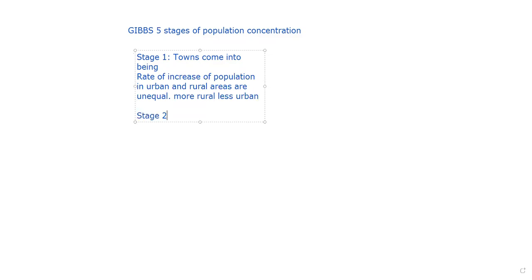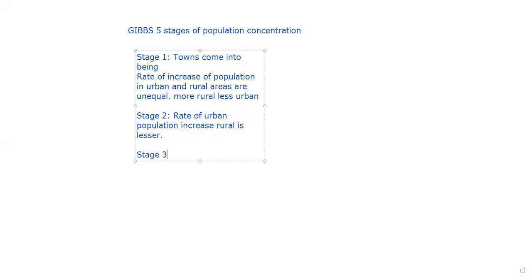Then stage two says the rate of urban population increase is greater and rural is lesser.